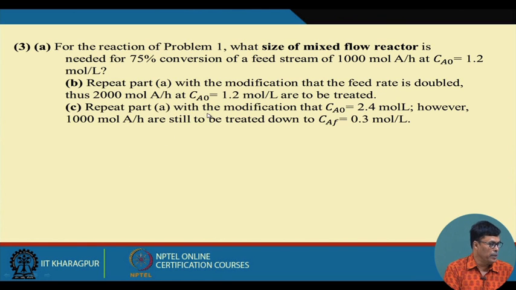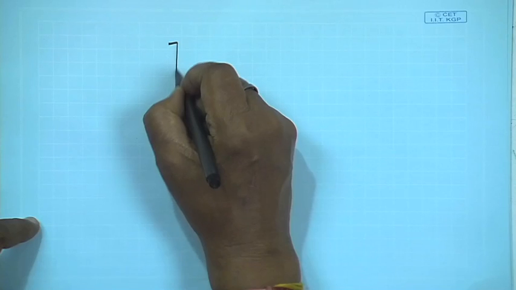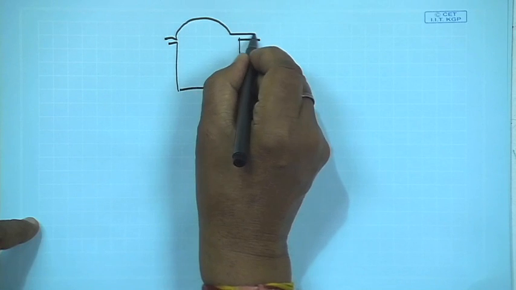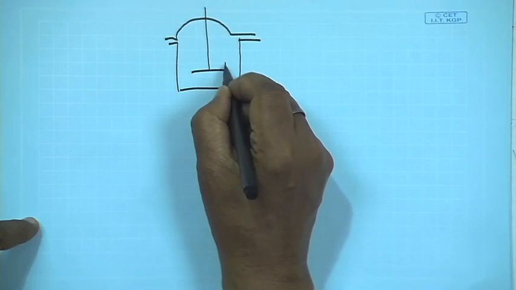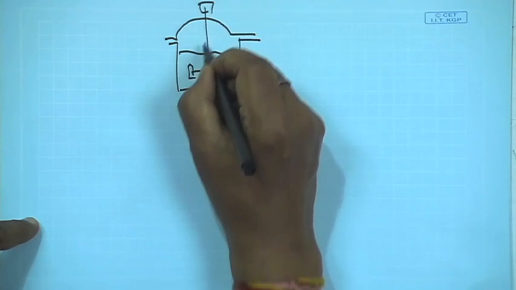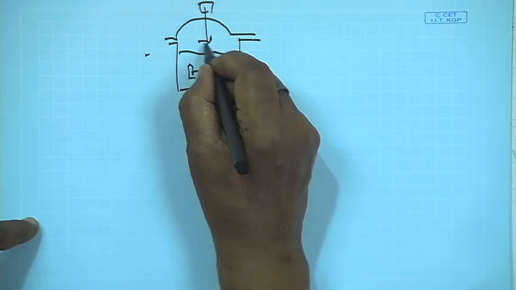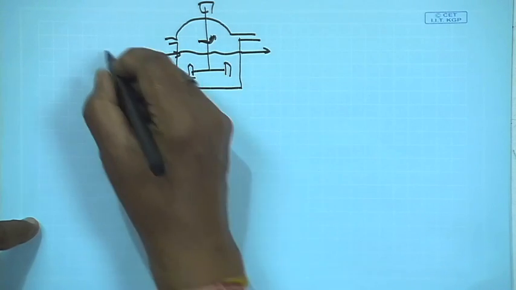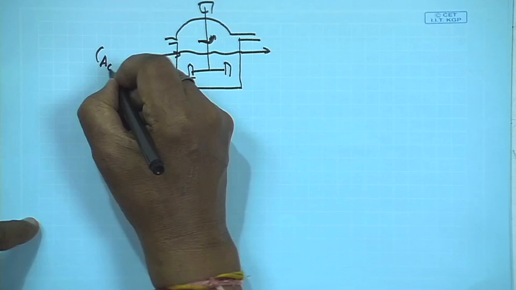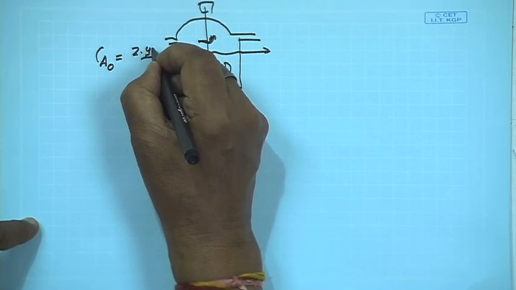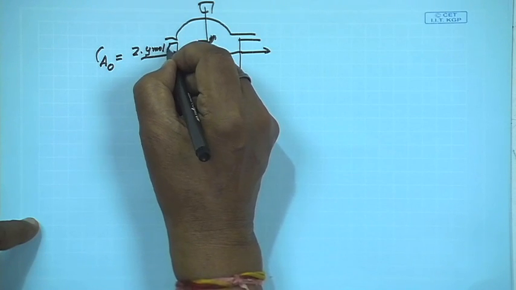The next problem that we have: repeat part A with the modification. Now, what they are saying is that previously CA0 was 1.2, now it is 2.4 moles of A per liter.